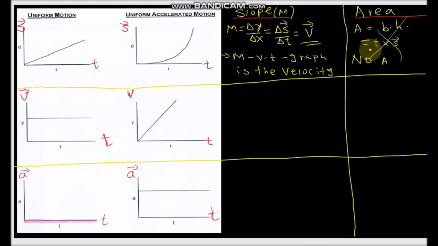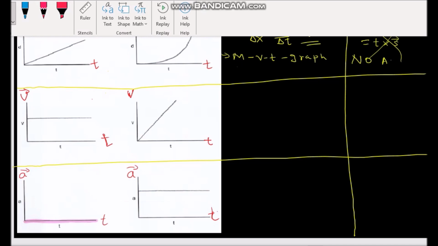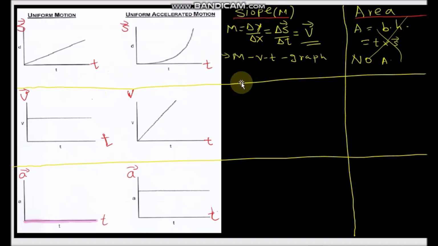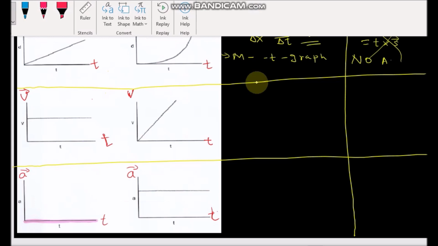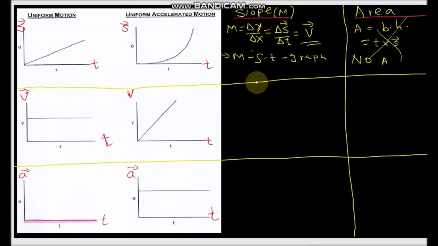Oh, sorry, that one is the displacement time graph, and this is the velocity time graph. I'm running a little bit. The slope of the displacement time graph is the velocity.